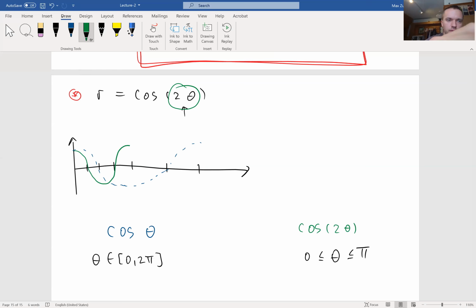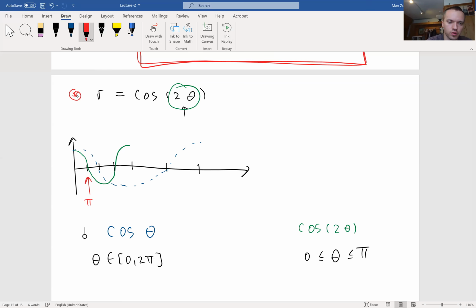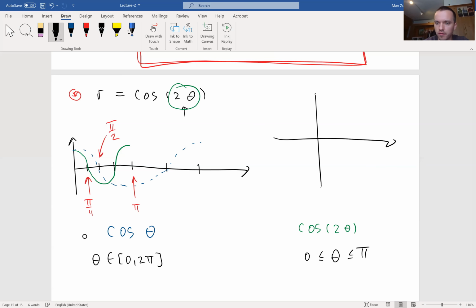So where this angle is pi over 4, and this angle is pi. Okay, and this angle is pi over 2. And then if I want to sketch this graph in Cartesian coordinates, I have x and y.